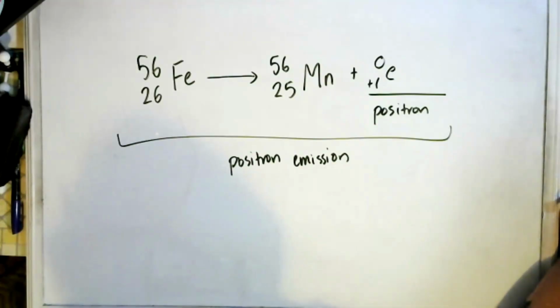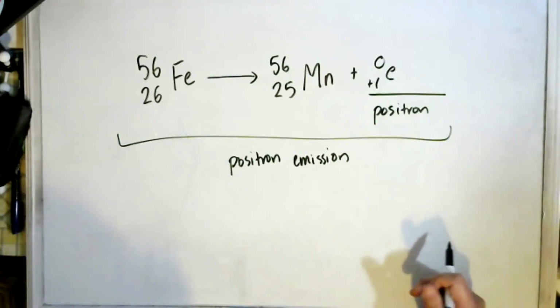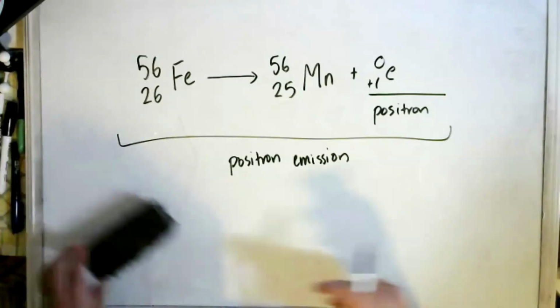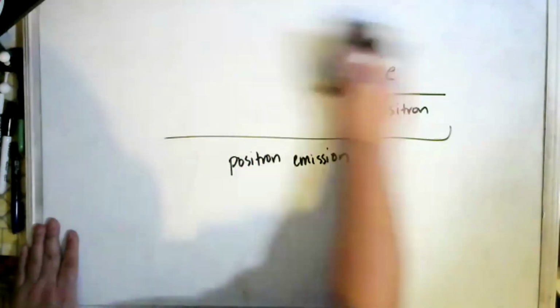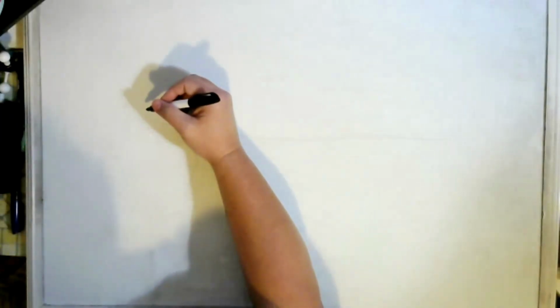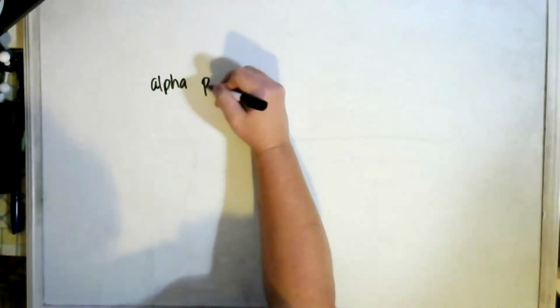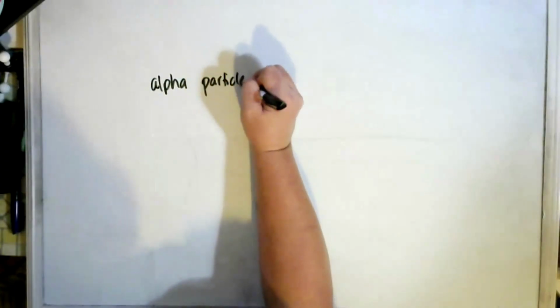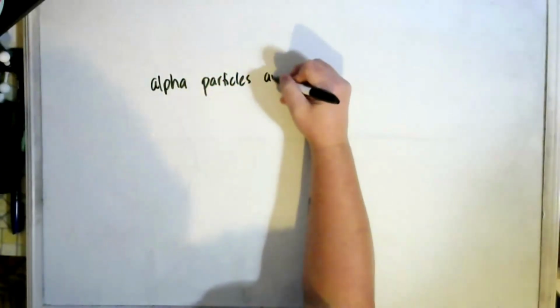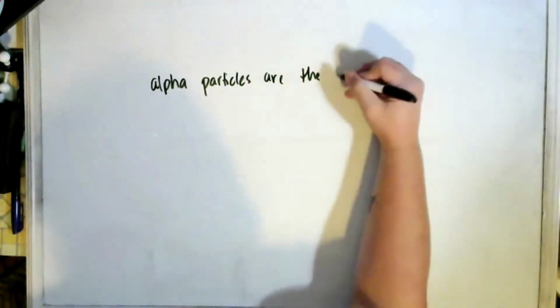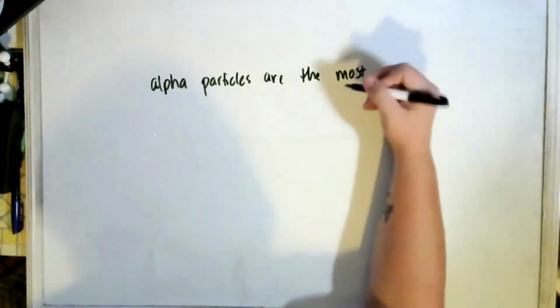The question after that says, which of the following forms of ionizing radiation has the most mass? Hopefully this is one that you remember us talking about a couple of different times. Our alpha particles are going to be the most massive radioactive particle that we know about.